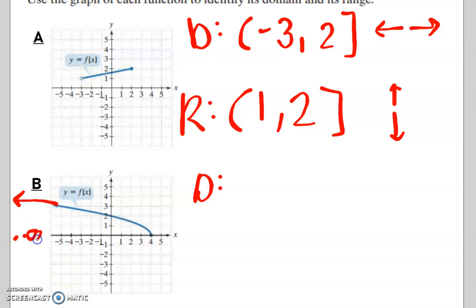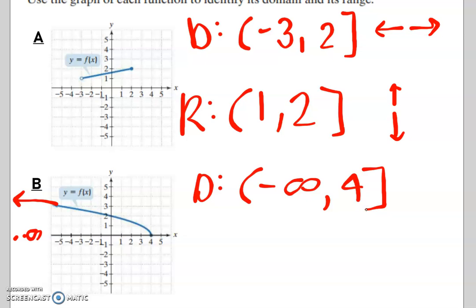Negative infinity. It could be negative a million, negative 2 million. Negative infinity is my smallest x value because of that arrow. And then the furthest thing to the right is going to keep on going to my x value of 4. Closed circle is a bracket, infinity is a parenthesis.